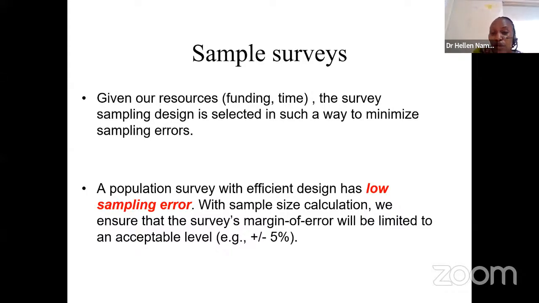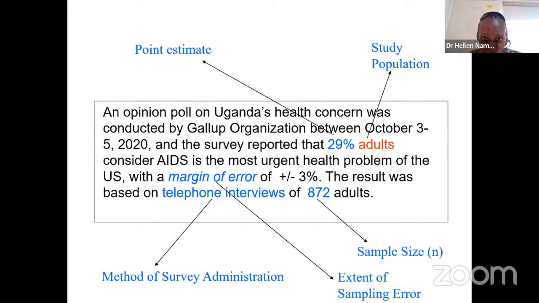For example, in the medical field, 5% could be very big, and maybe they reduce it to 3% or 1%, because in that case, remember, you're dealing with human life. So you have to ensure that your sampling error is as low as possible. So let's take this particular example.